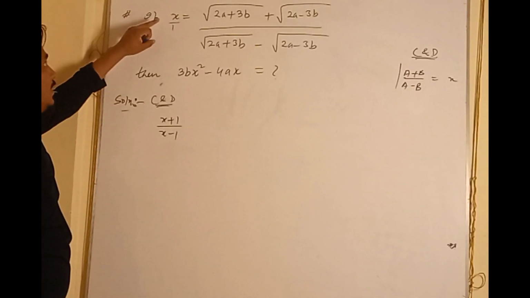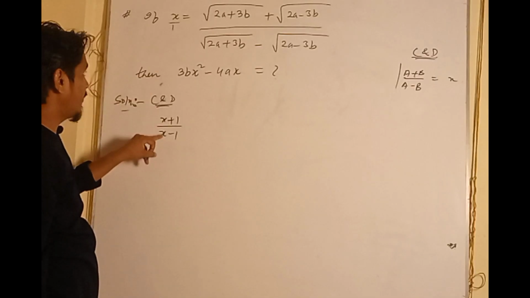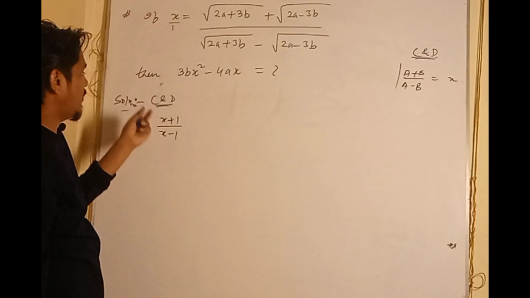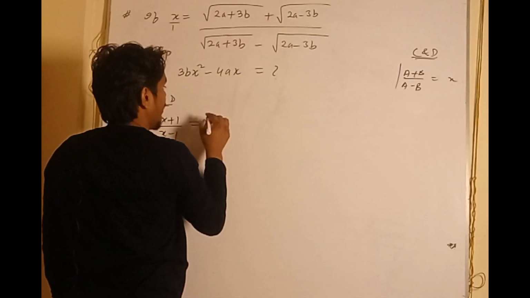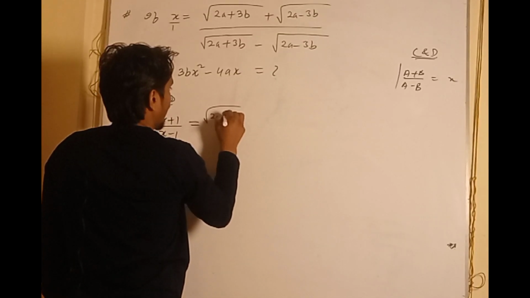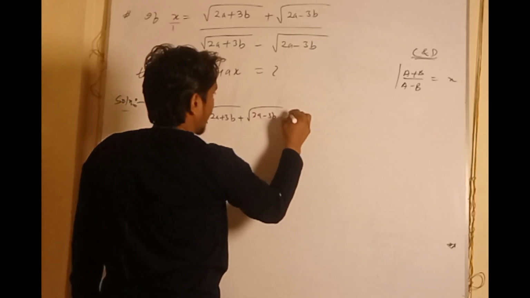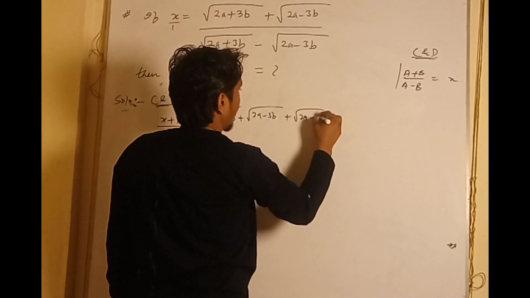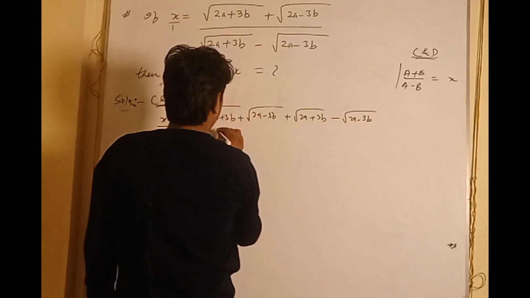In the numerator we write the sum of these two, and in the denominator we write numerator minus denominator. The same way on the right side, that becomes root 2a plus 3b plus root 2a minus 3b, plus root 2a plus 3b minus root 2a minus 3b.